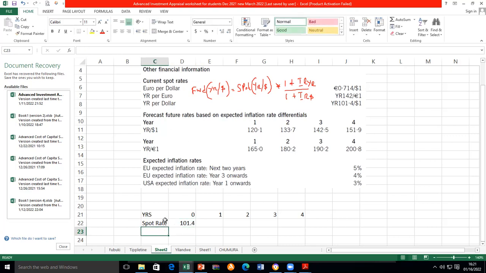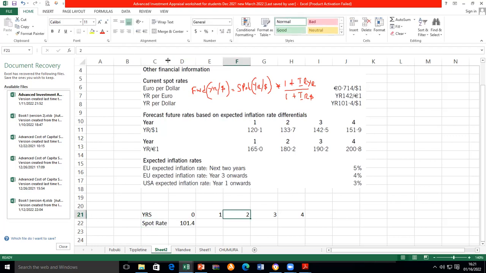What is this 101.4? Let me label it for you. That's the rand on a single dollar.